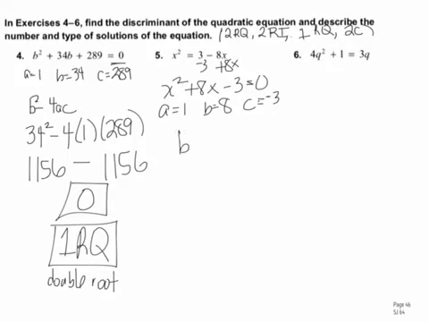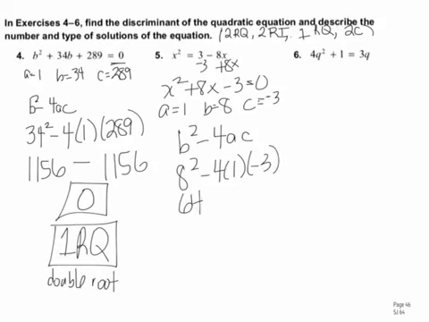Then b squared minus 4 times a times c: 8 squared minus 4 times 1 times negative 3. 64, it's going to be a plus sign because a negative times a negative will make a positive. So plus 4 times 1 times 3, 12. 64 plus 12 is 76.